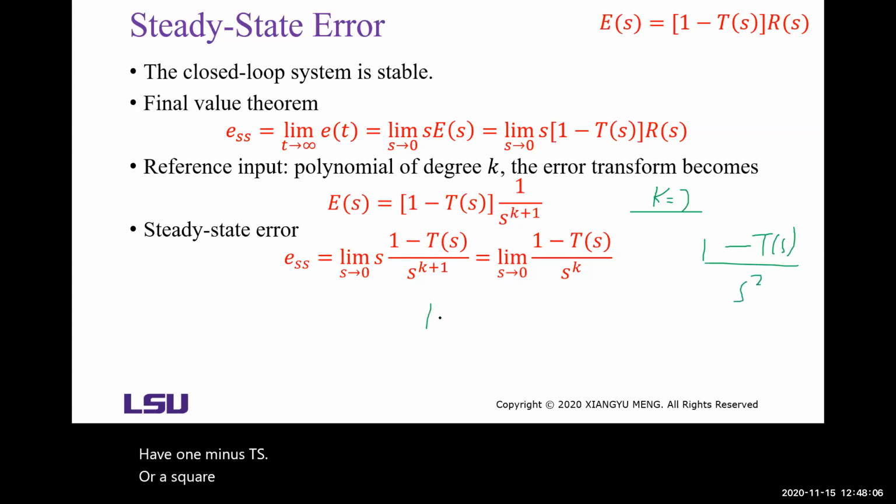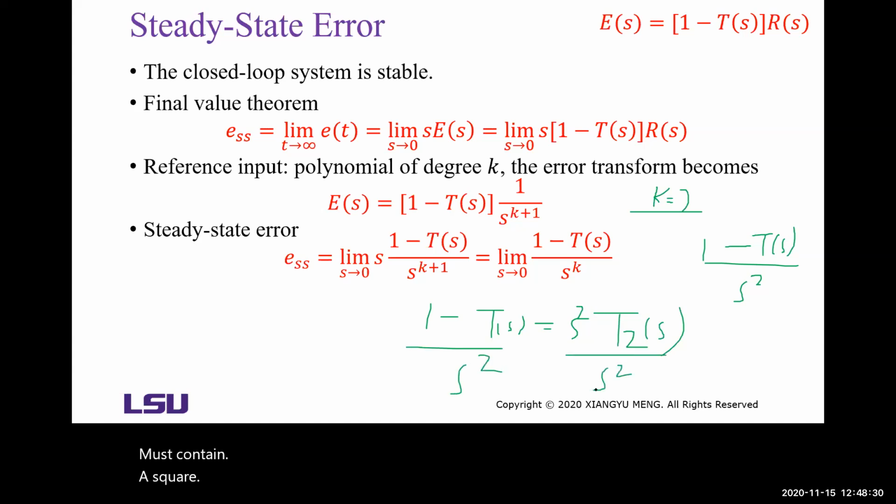So in this case, 1 minus T(s) must contain s squared. Then s squared is cancelled.